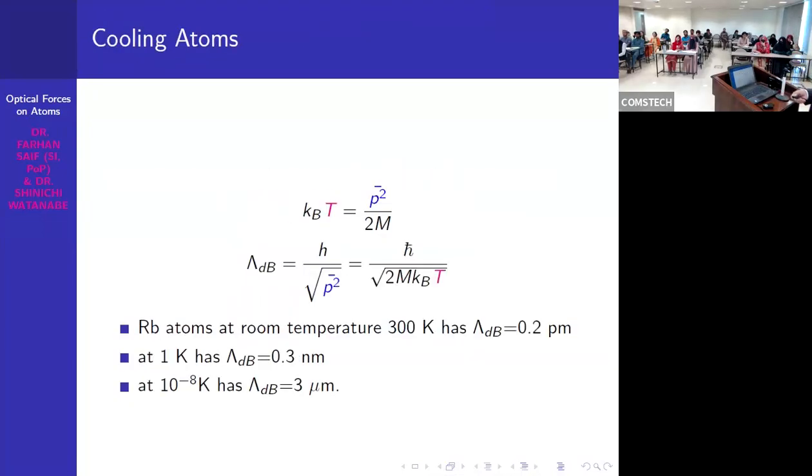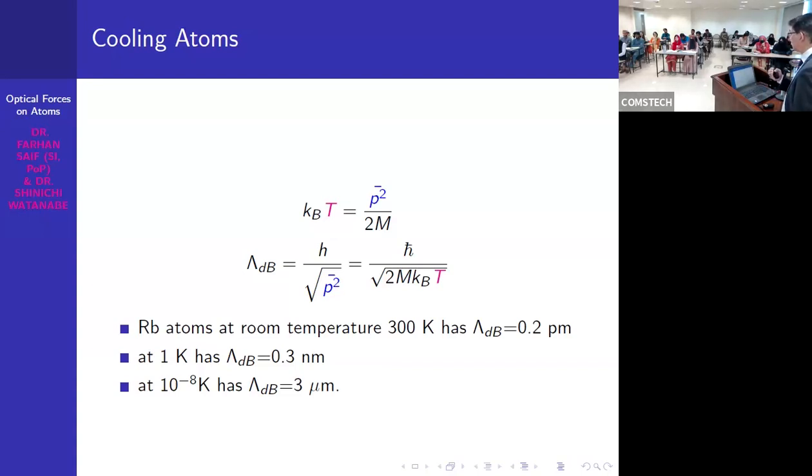So this way we can connect thermal energy with the average energy of the particle, p squared average by 2m, and this helps us to calculate the de Broglie wavelength. We notice that the de Broglie wavelength is inversely proportional to the square root of the temperature.